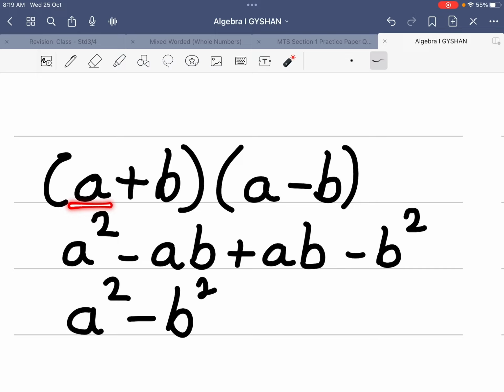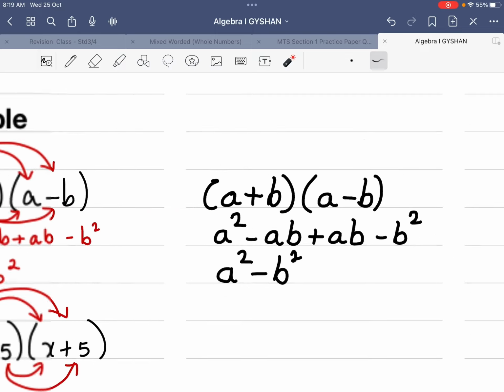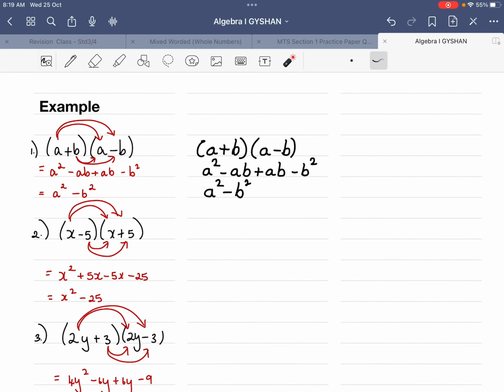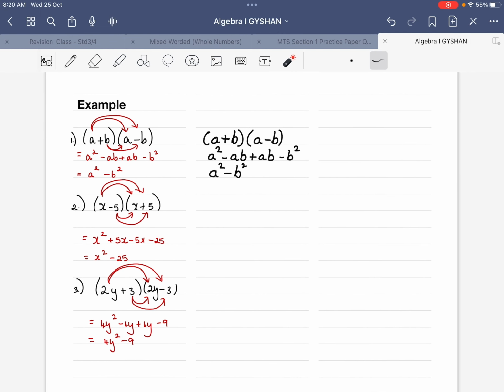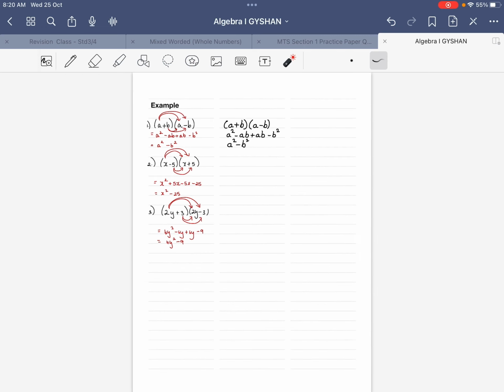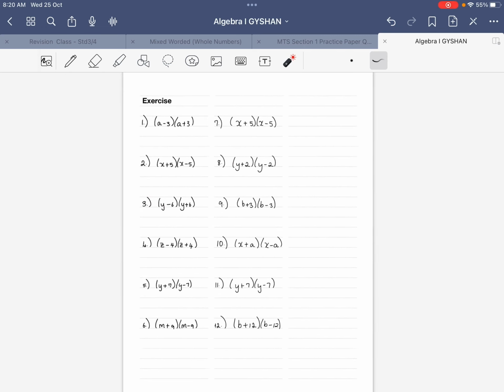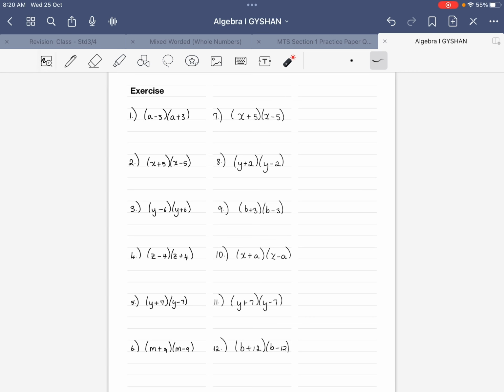The first term squared minus the second term squared. And you will notice that for all of them. So take down the examples and then we will try some questions. Let's try a few. Let's correct.